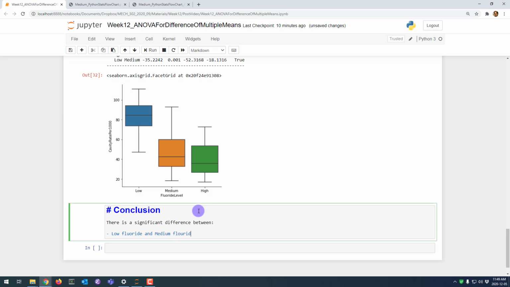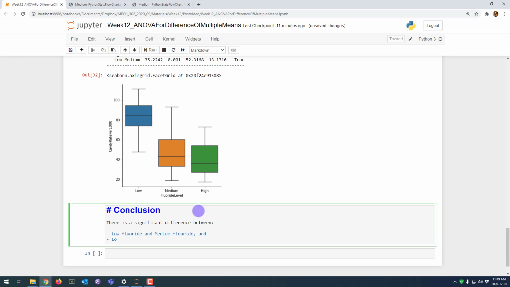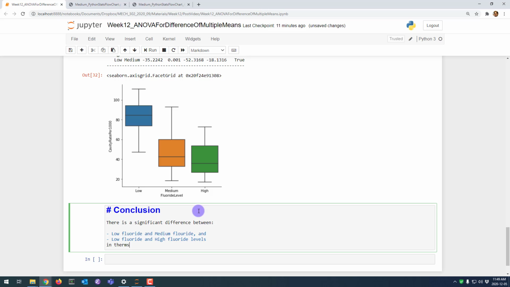Bear with me on the typing here. And low fluoride and high fluoride levels, in terms of the resulting cavity rate per thousand.